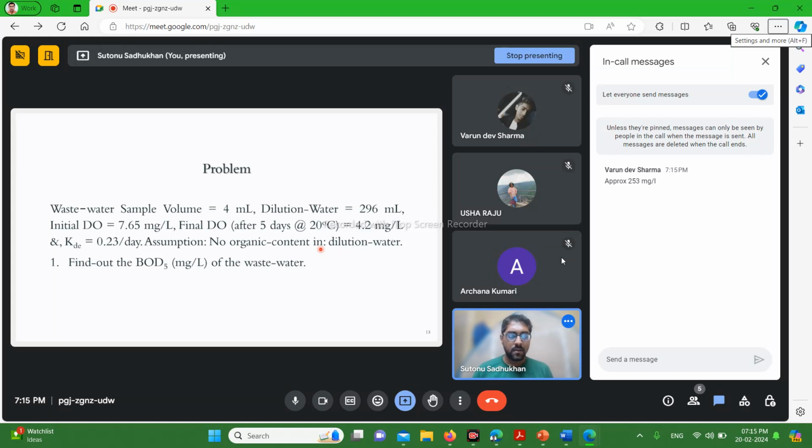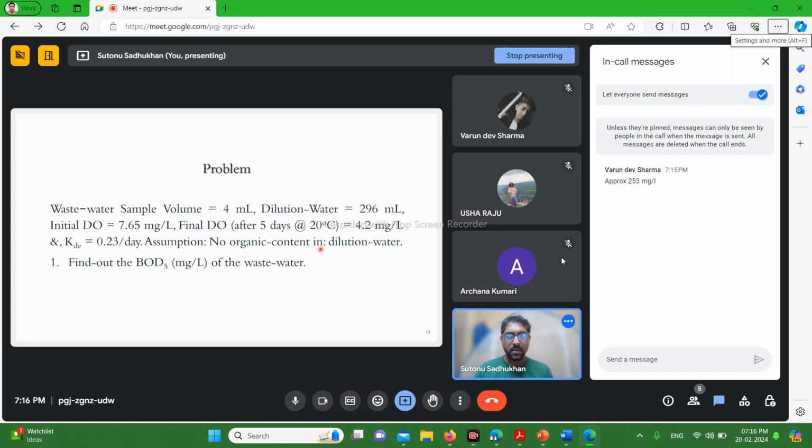If these types of problems are given in the exam, then a calculator will also be allowed. If a calculator is not allowed, then the problems that will be given, you will be able to solve without the help of a calculator. So you can just go ahead and calculate this. I will wait for 2 minutes more.